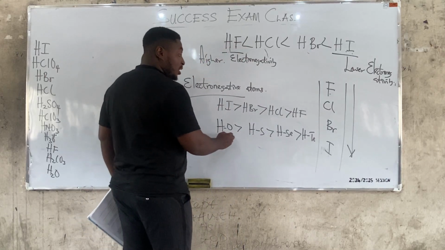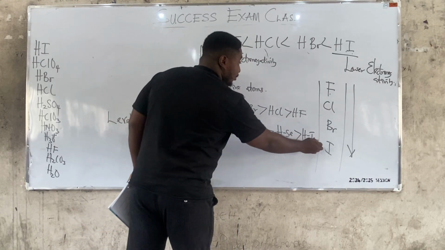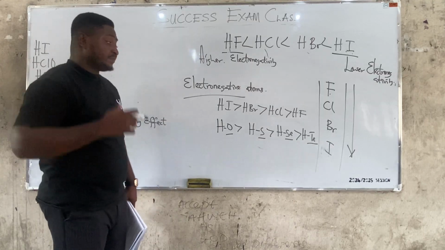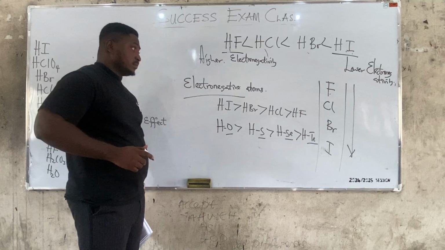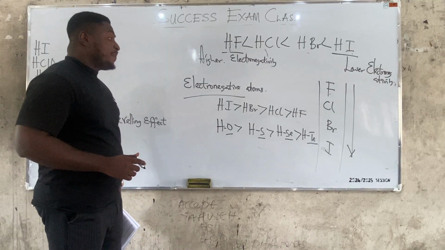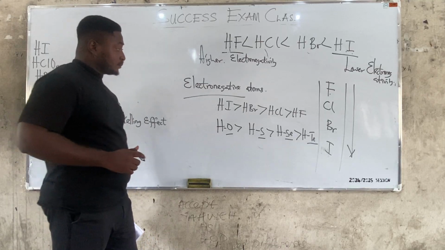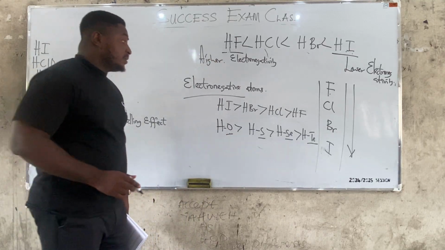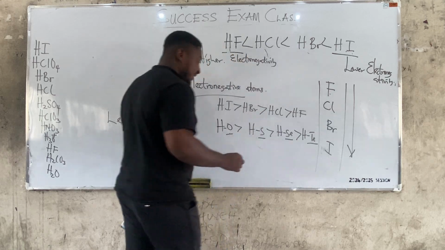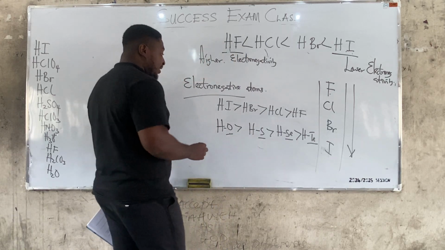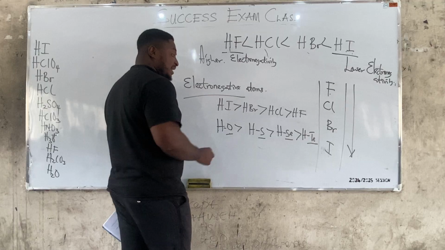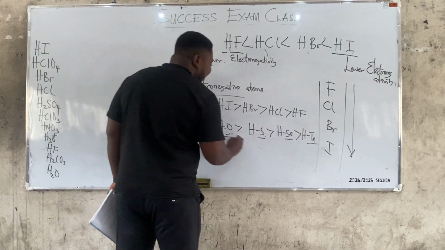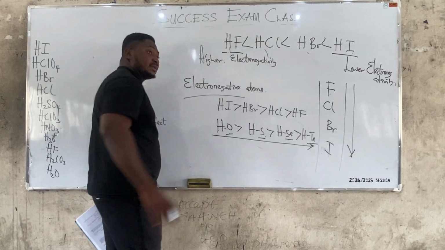Class, these are another binary acid, but this is group 6, the chalcogens, the oxygen family. Talking about hydrogen oxide, hydrogen sulfide, and you keep going like that, as you are going down, class, the strength of the acid is reducing.